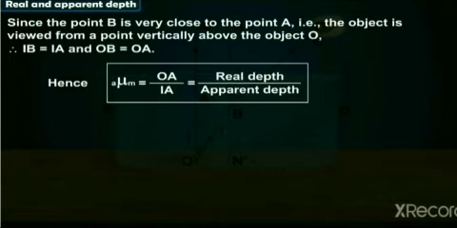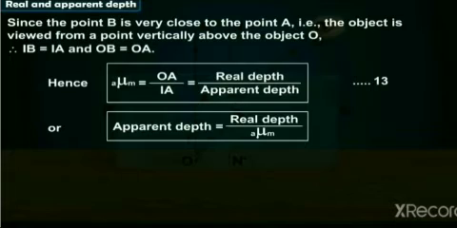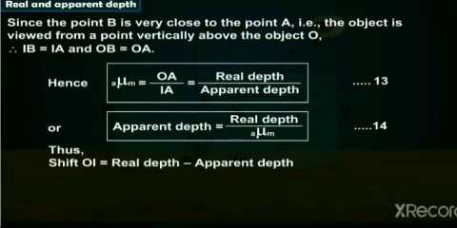Hence, refractive index of denser medium with respect to air is equal to OA upon IA, which is equal to real depth upon apparent depth. Let this be equation 13. Or apparent depth is equal to real depth upon refractive index. Let this be equation 14.